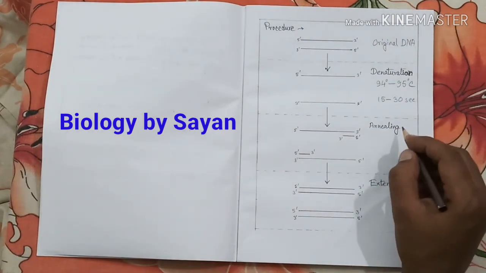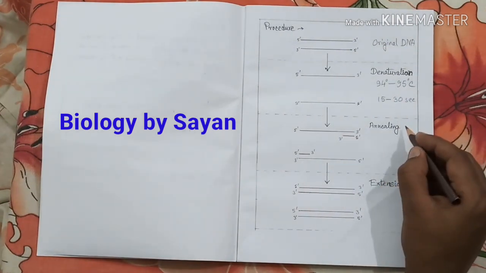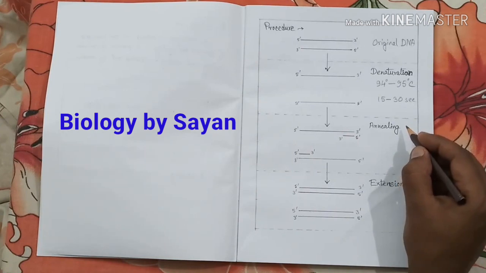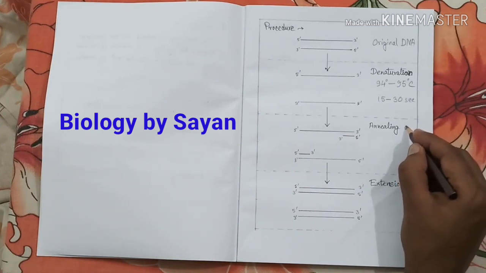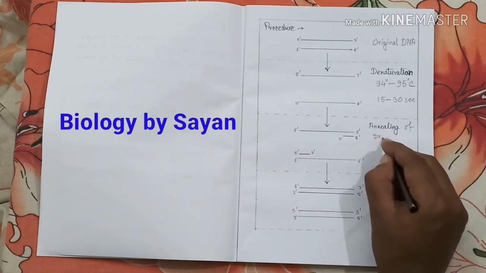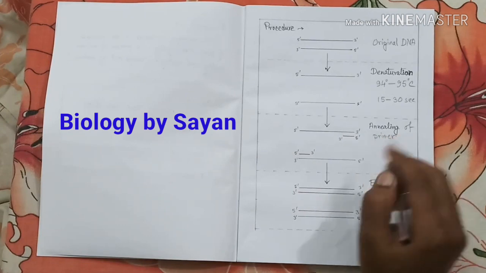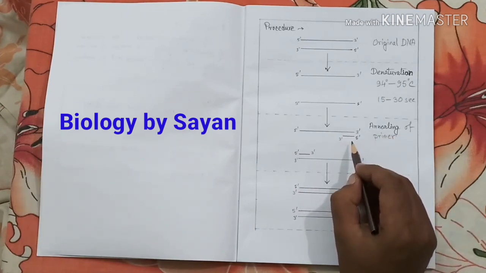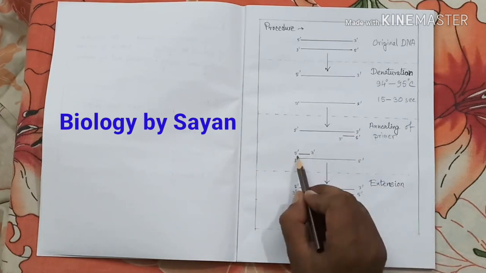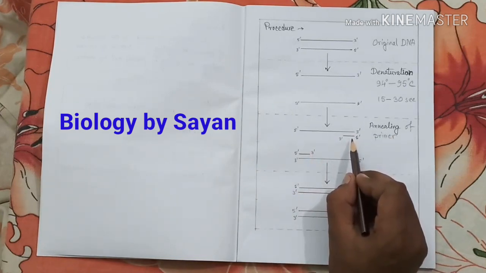Then what after that? After denaturation we have to follow the next step, annealing of primer. Here in this diagram we can easily find that these primers are being attached to the DNA.